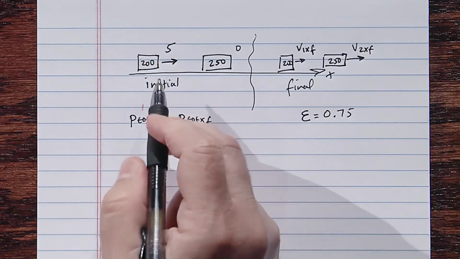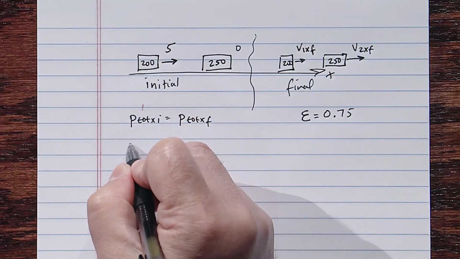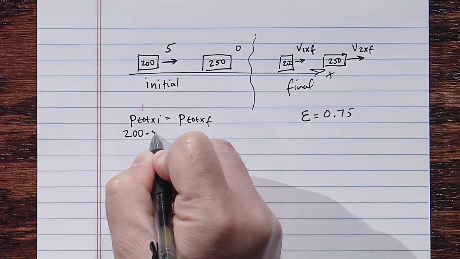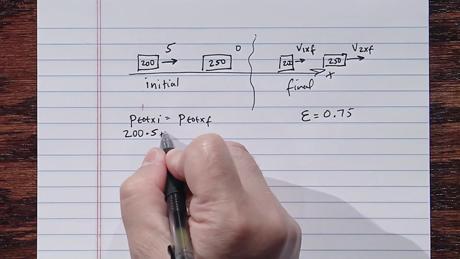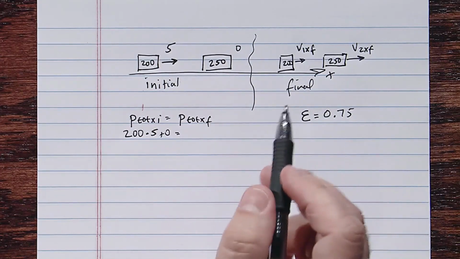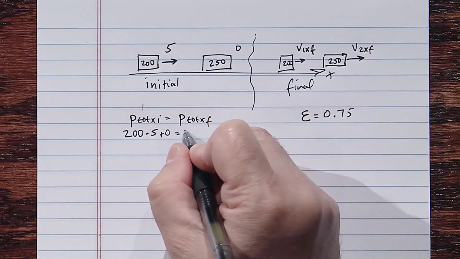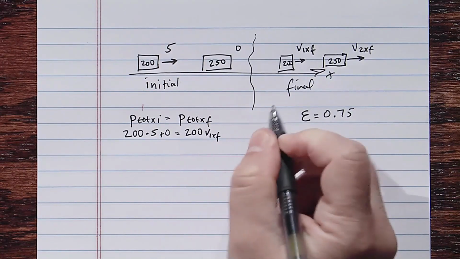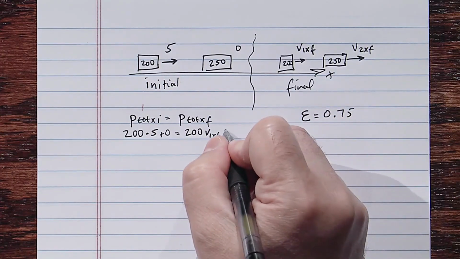P total x initial, we have 200 kilograms moving at 5 meters per second, so that would be 200 times 5 plus 250 times 0 equals 200 v1x final plus 250 v2x final.